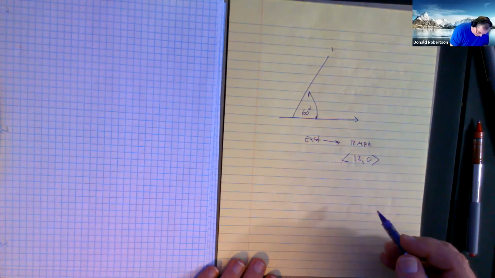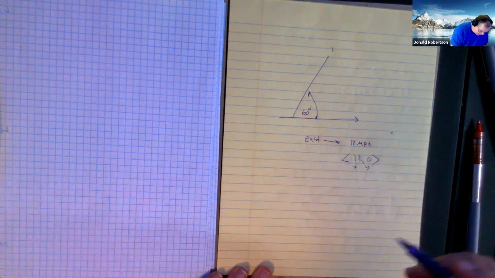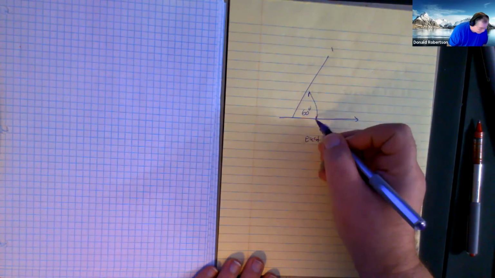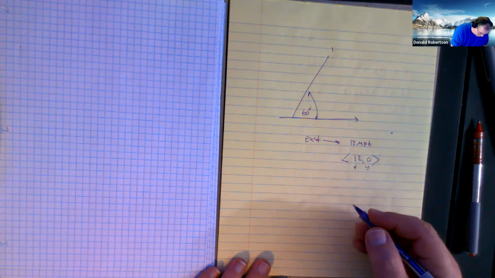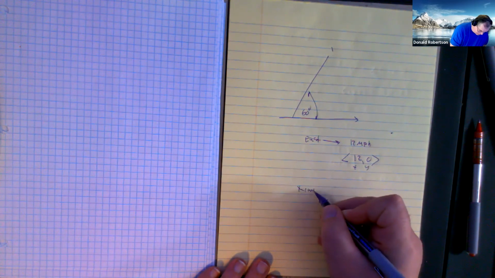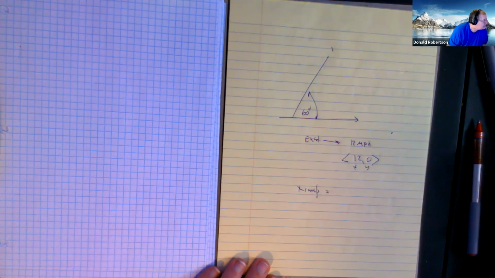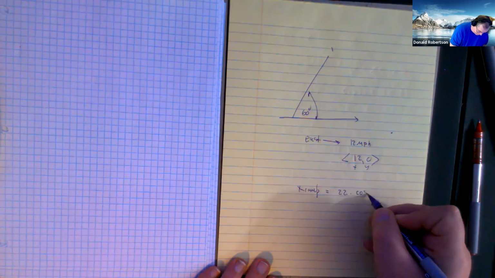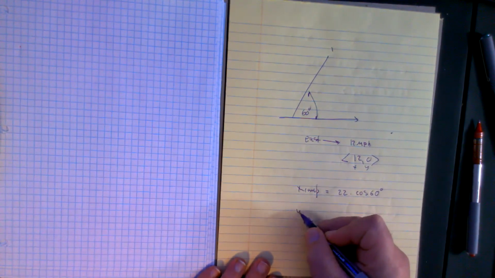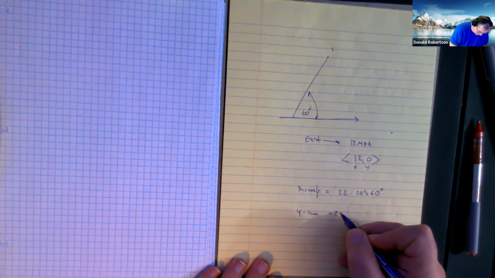If you're talking about x and y components, x is how many in the x direction, and y is how many in the y direction. So 12 east would be that. Now, if you look at the other guy, you've got your 60, and the x component should have been the magnitude, which is 22, times the cosine of 60, and the y component is going to be 22 times the sine of 60.